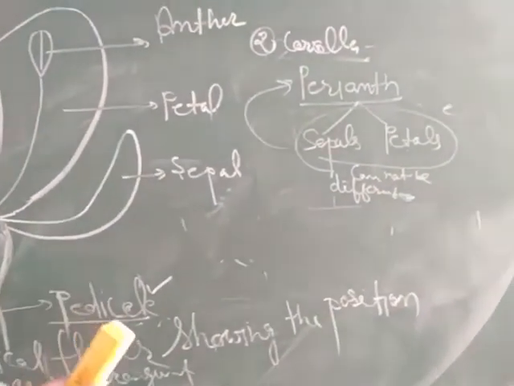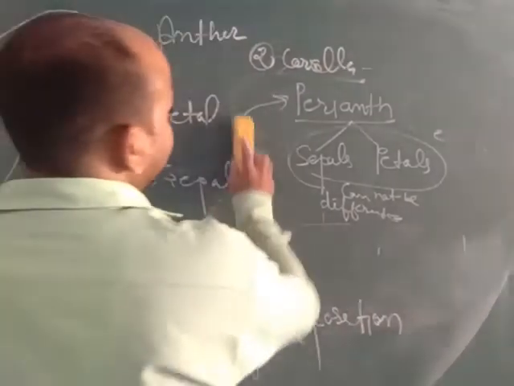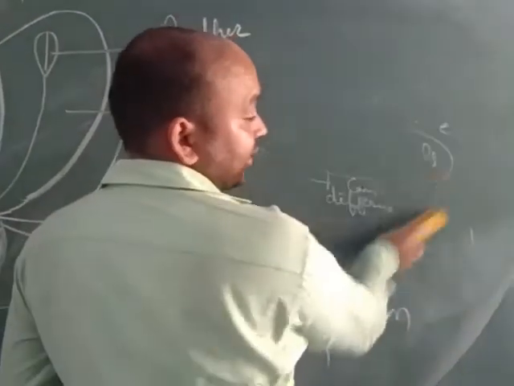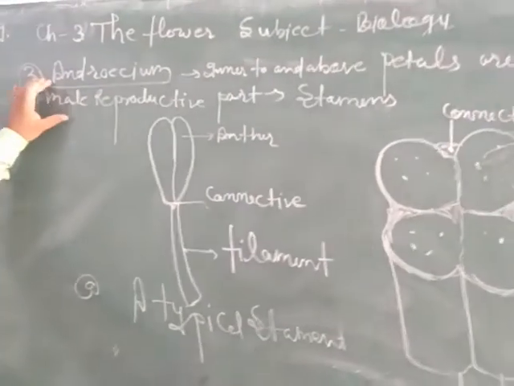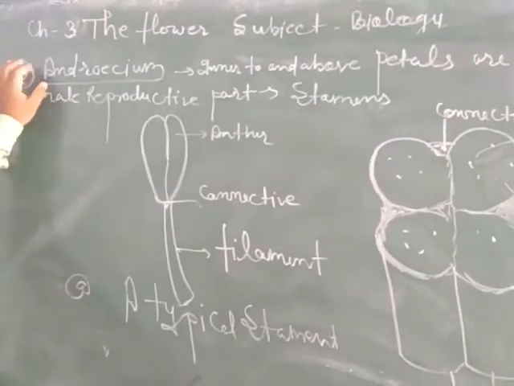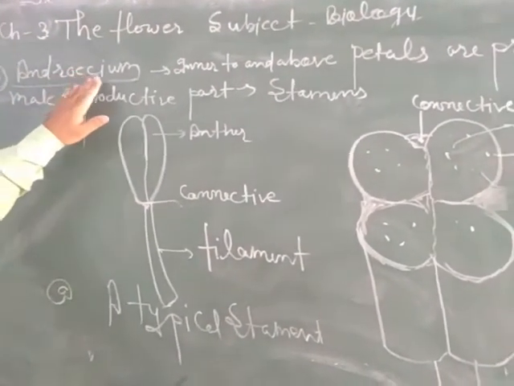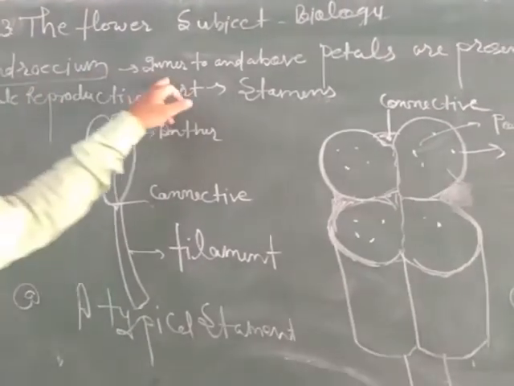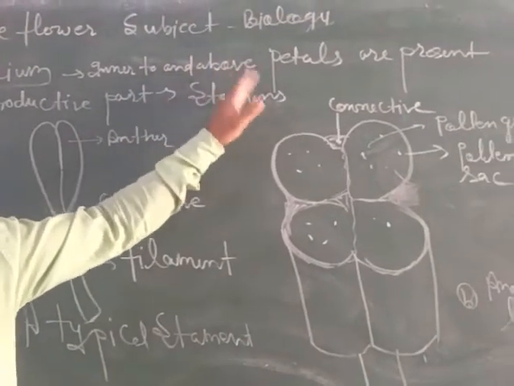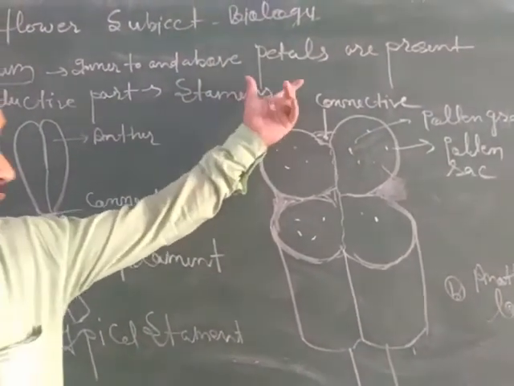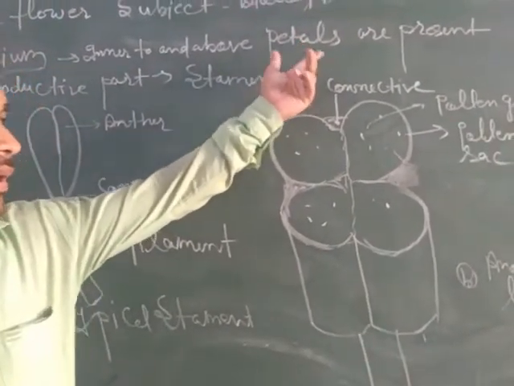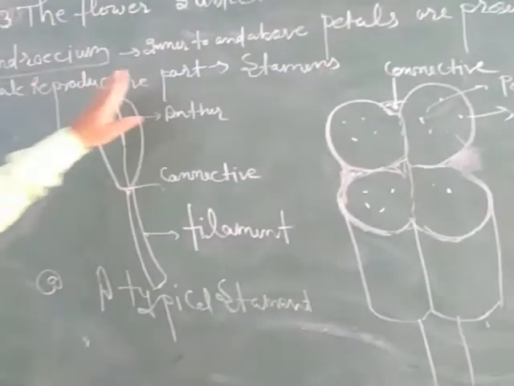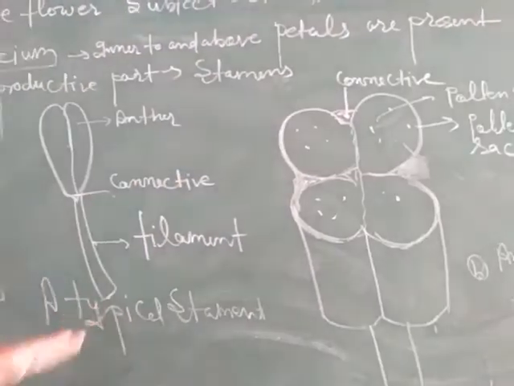Next part of the flower that we will discuss is androecium. Dear students, we are going to discuss the third whorl of the flower, called androecium. Inner to and above the petals, which together are called the corolla, are present the male reproductive parts, called stamens.